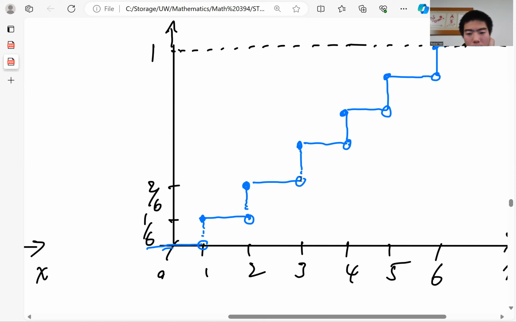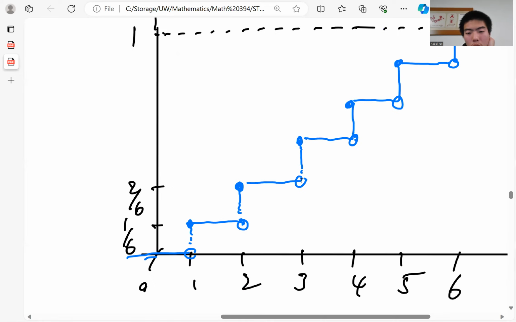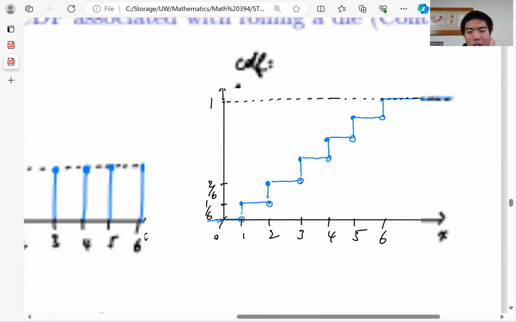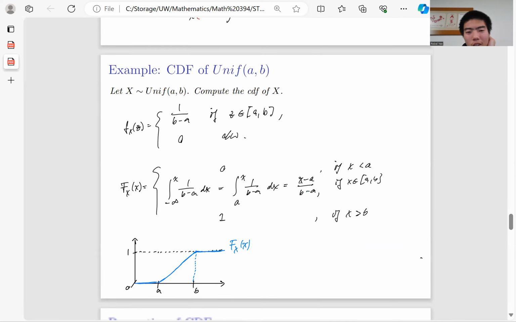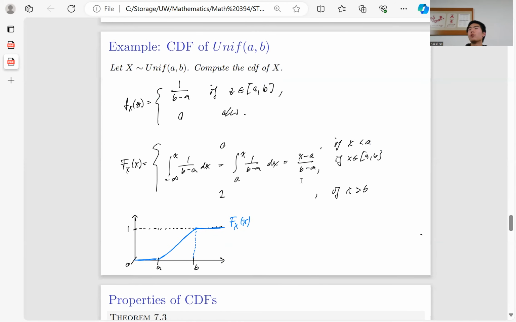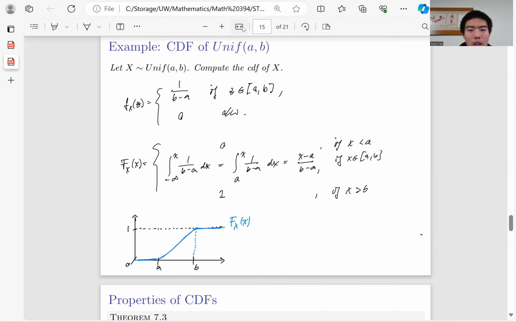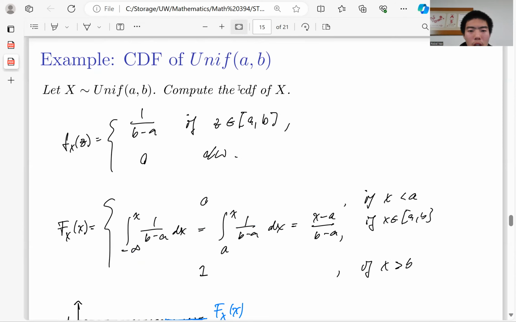If we have a value very, very close to 3, you can always find an even closer value equal to 3 beside it. So in this case, we say it's right continuous. Right continuous means that for any point in a function, you can always find that its right side is continuous, and that is the meaning of right continuous.